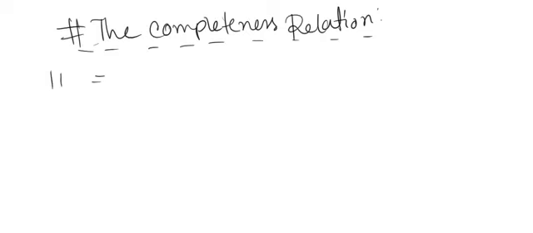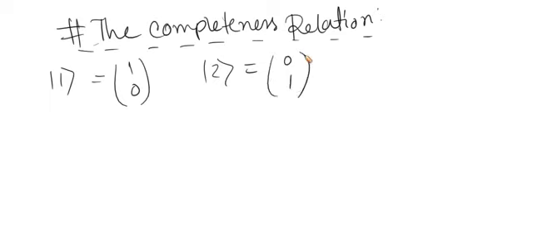So let's say |1⟩ equals (1, 0) and |2⟩ equals (0, 1). So what are we considering? We are considering a vector space that has two elements, that is, a dimension 2 basis, and we are going to see what this summation gives us.